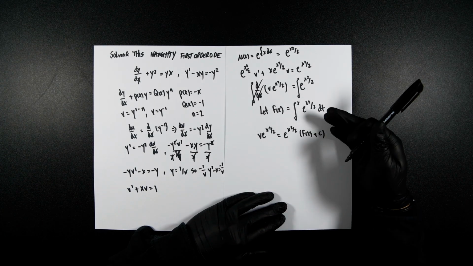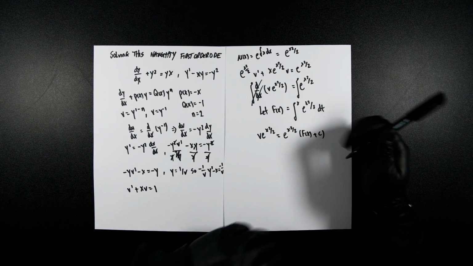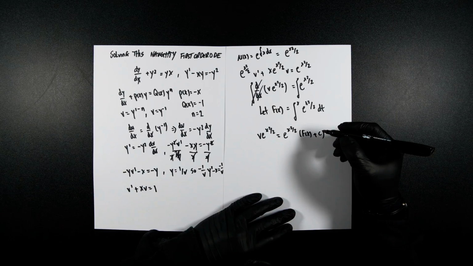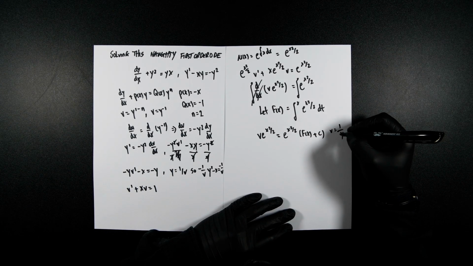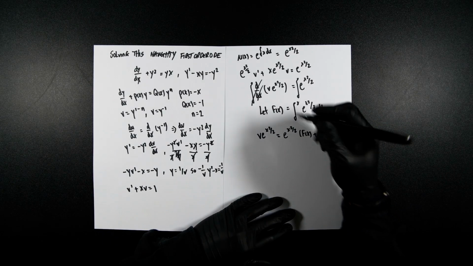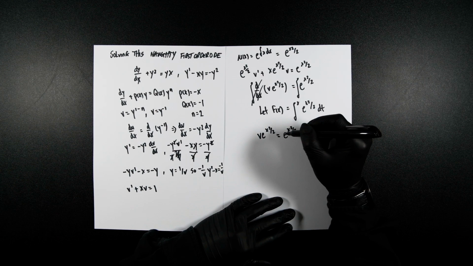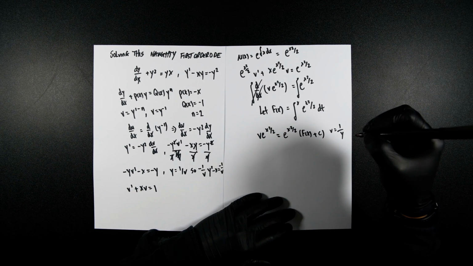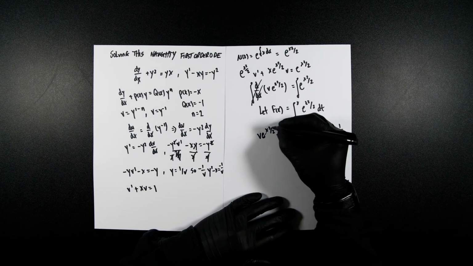We now recall that v equals 1 over y, and we have these e to the x squared over 2's on both sides. So what we can then do is this would become negative and this would disappear.